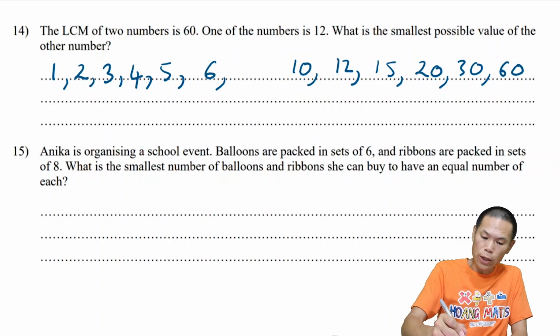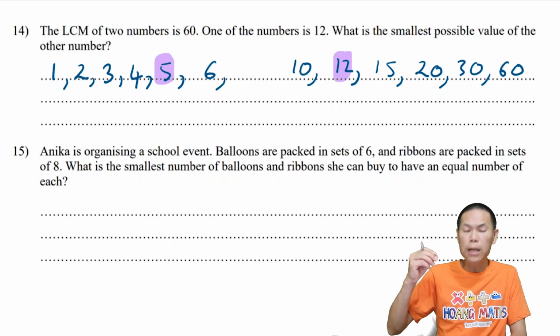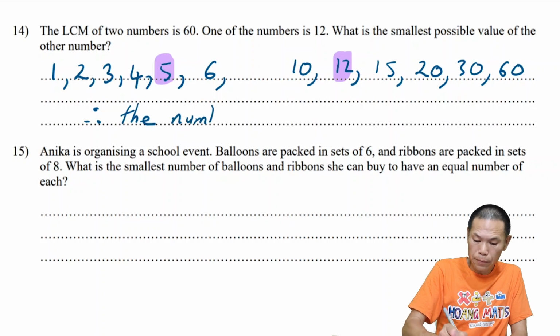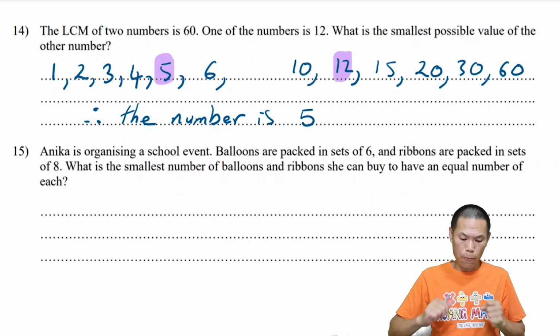That's it. So now we know that 5 times 12 gives me 60. So therefore the other number is 5. So there you go.